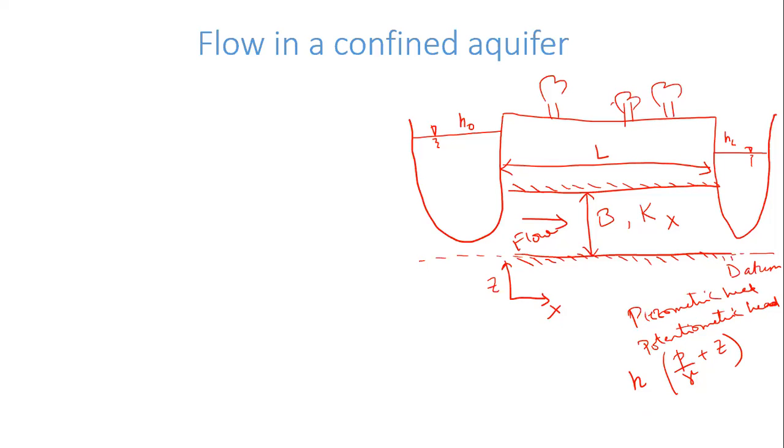Now, if I tell you, at x equal to L by 2, right in the middle between these two boundaries, intuitively, can somebody tell me what the head will be? H naught plus HL by 2. Does everybody agree with that? H naught plus HL by 2.